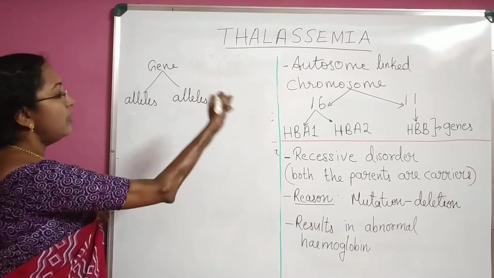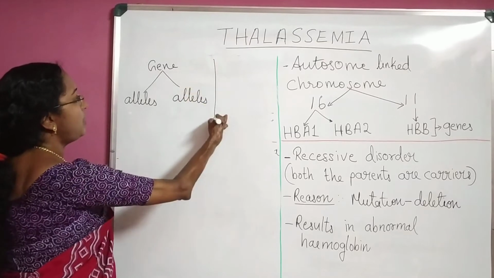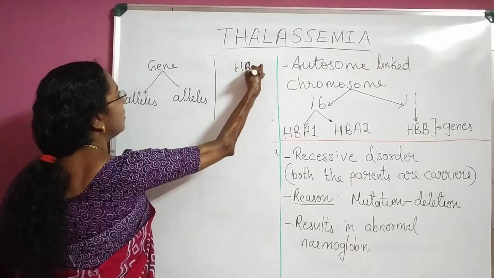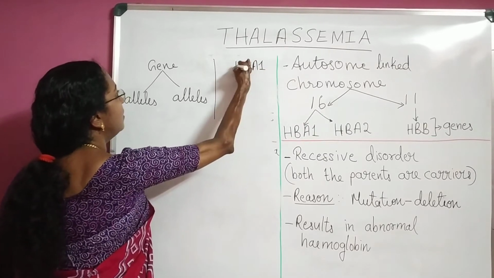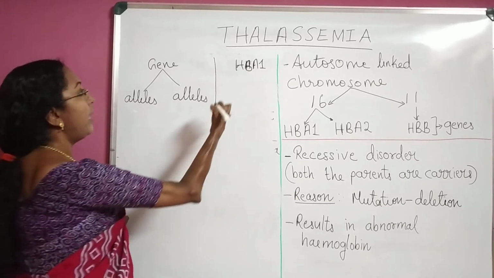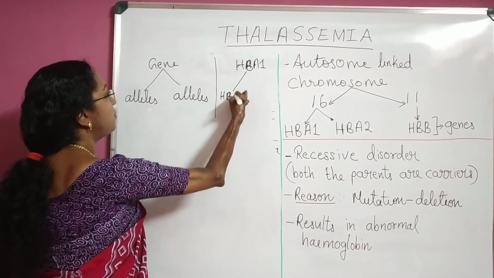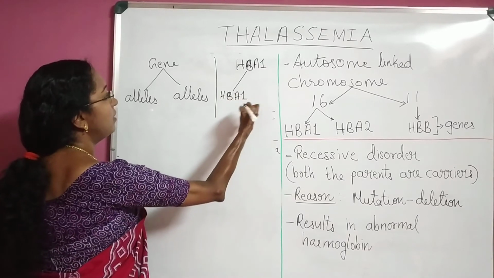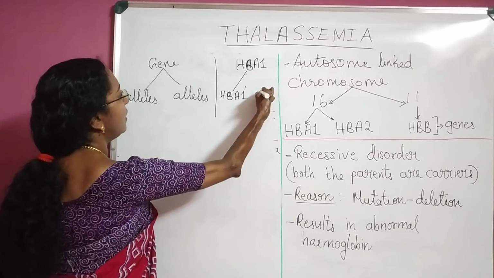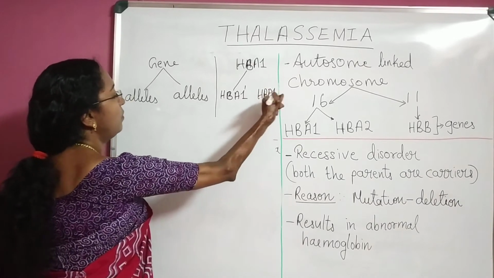In this particular case also, you have the gene, say HBA1. HBA1 is a gene. It will also have two forms. I'm putting HBA1 with a slash, and another one, HBA1 without any slash.